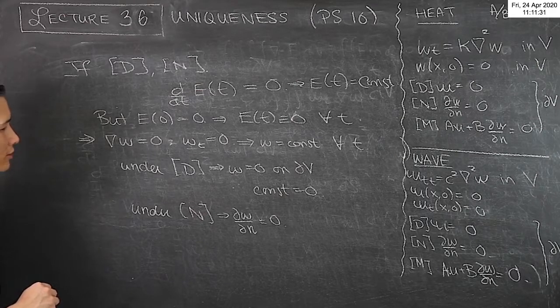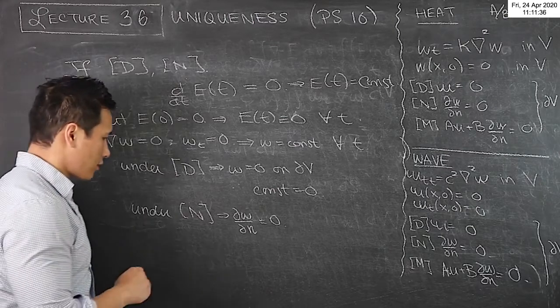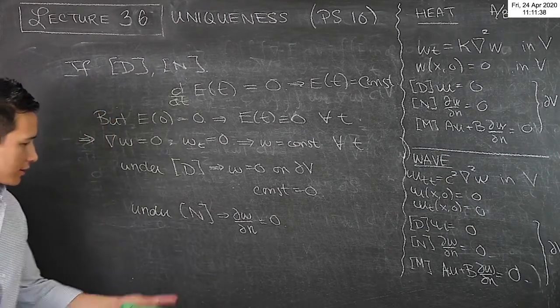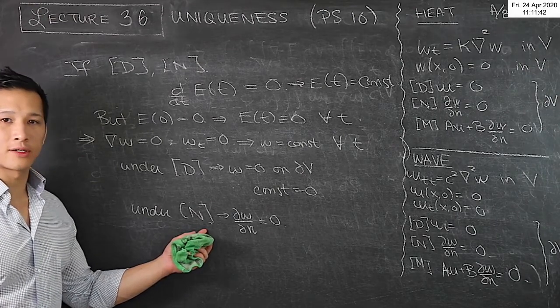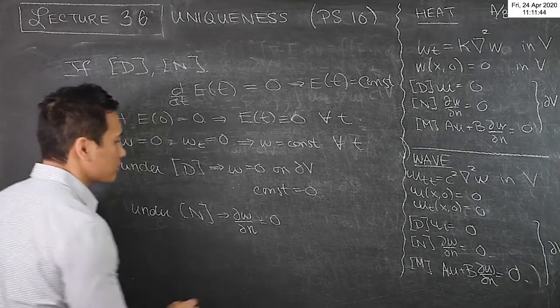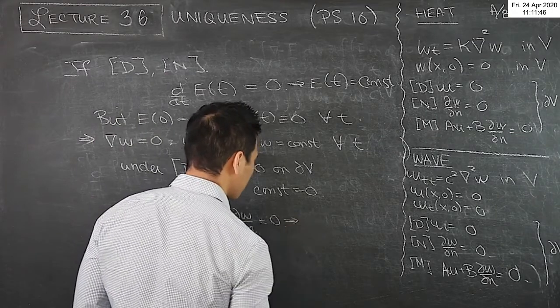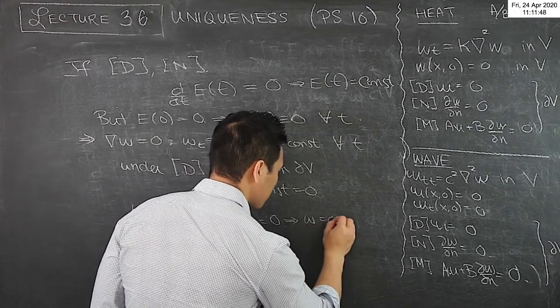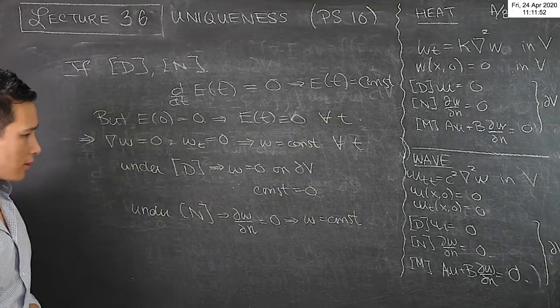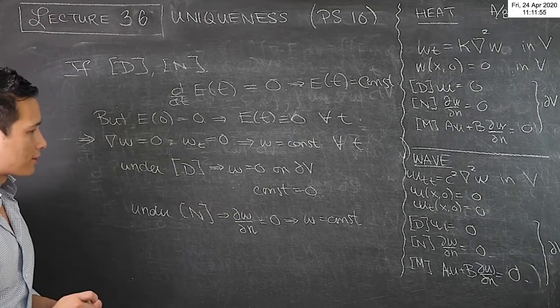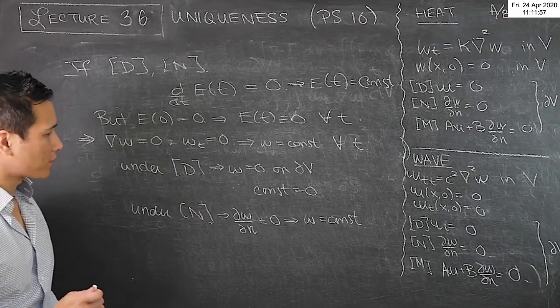I just realized that the solutions might be wrong, because under the Neumann condition, you could have a solution in which w is equal to a constant. Okay, so let me just recap what I believe to be the case, but we're just going to confirm in a second.